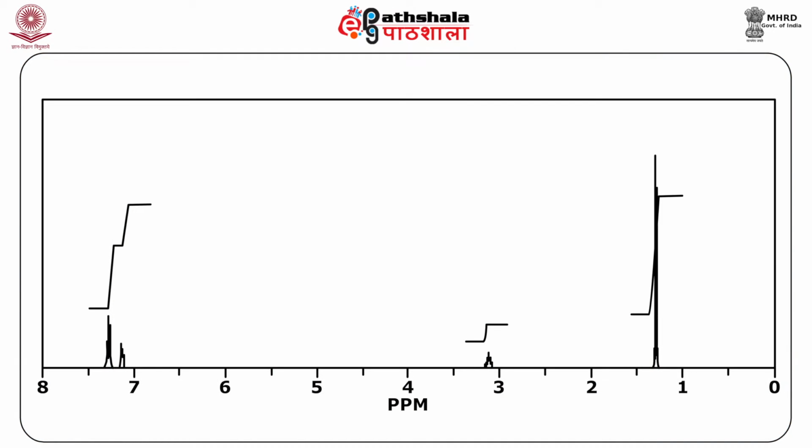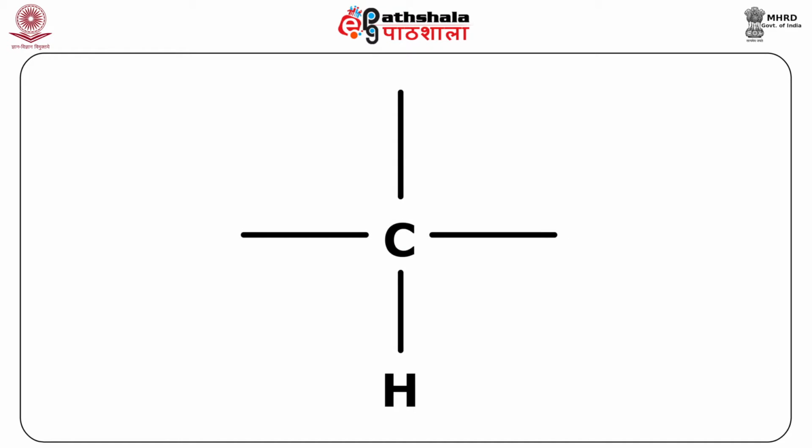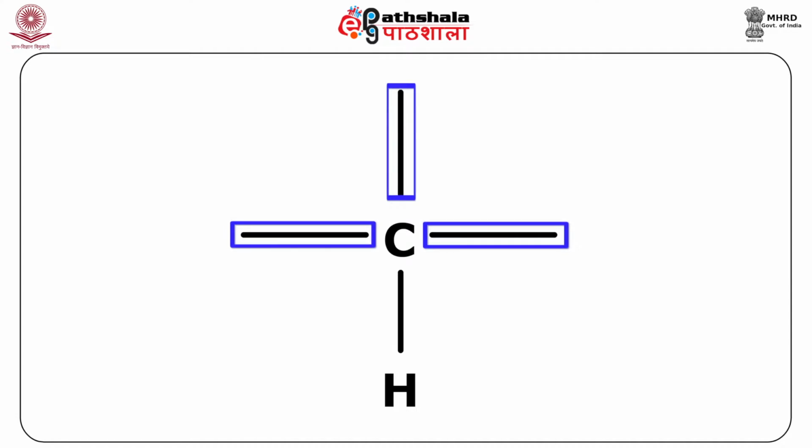And now again have a look at the other integrations in the NMR spectra. You have a set of peaks that integrates for 1 hydrogen, and if you write down that fragment, it will be this one. Further, the bonds coming off, marked as lines, are simply bonds and not attached to hydrogens here.